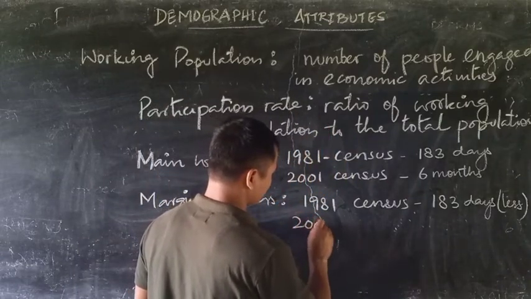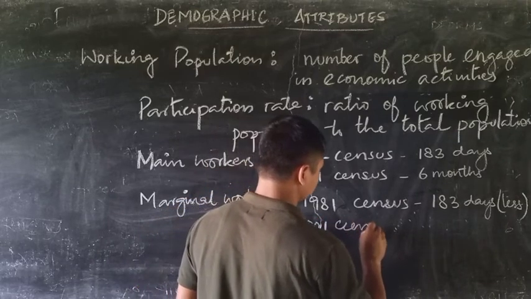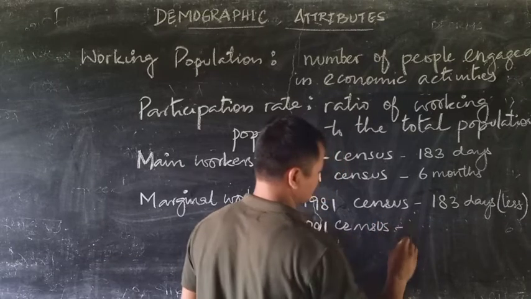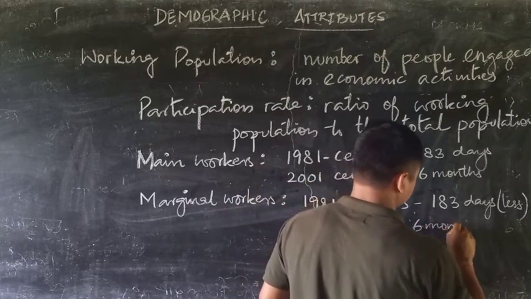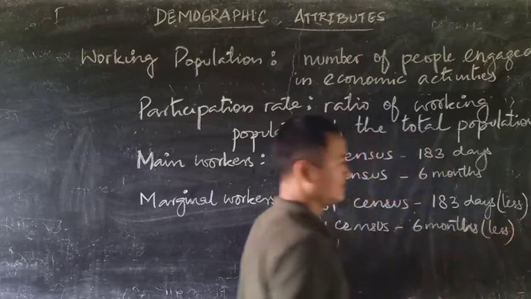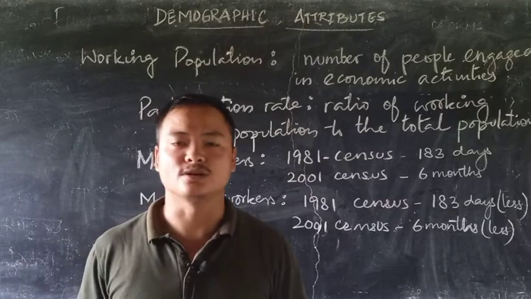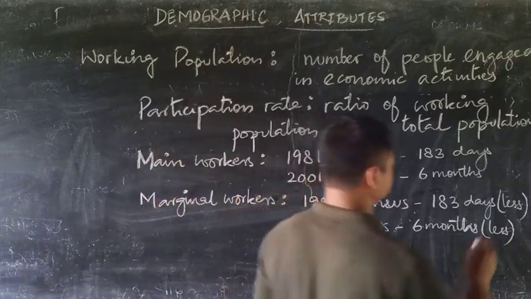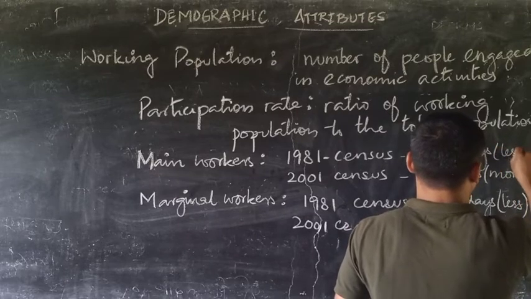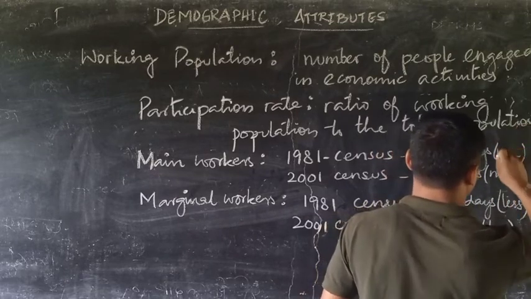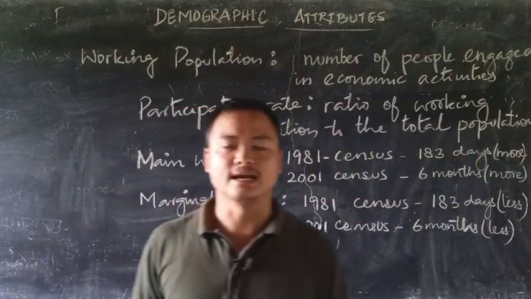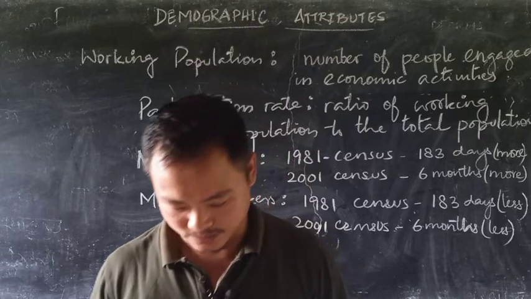Well, as per the 2001 census, they work for either 6 months or less than that. So they are the main workers and the marginal workers.